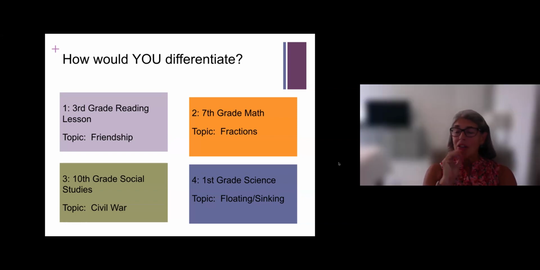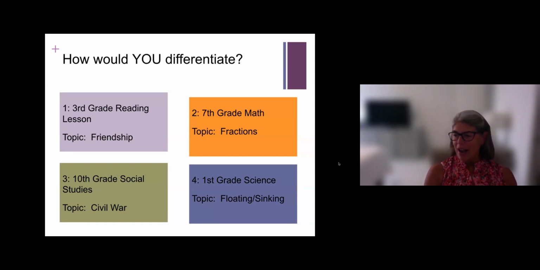Okay. All right. Oh, I love this idea because this is great to talk about. So now, based on interests, what you might do is have all kids doing the demonstration of floating or sinking, but you could do it by interest based on the objects that they're going to put in the water. So you could have 2 or 3 different stations, and some of the objects could be things that they're interested in.